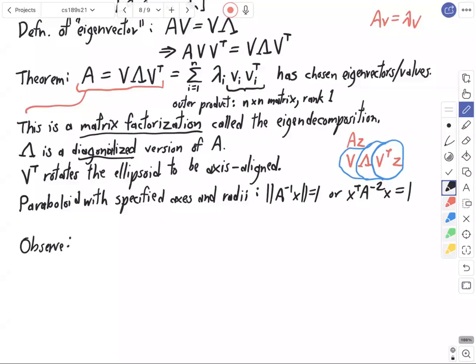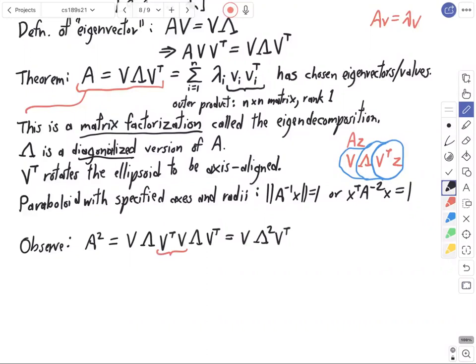Something I want to point out here is that once you have the eigendecomposition of A, what happens when you square it? Well, you get V lambda V transpose, V lambda V transpose, but notice that V transpose V is I, so they cancel each other out, and you're left with V lambda squared V transpose. This is another way to see that when you square a matrix, you are squaring its eigenvalues without changing its eigenvectors.